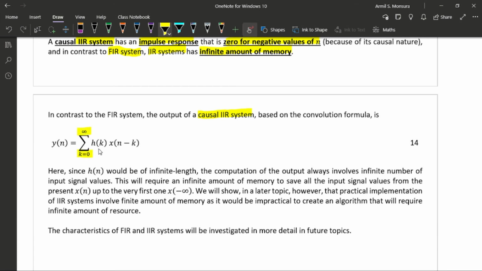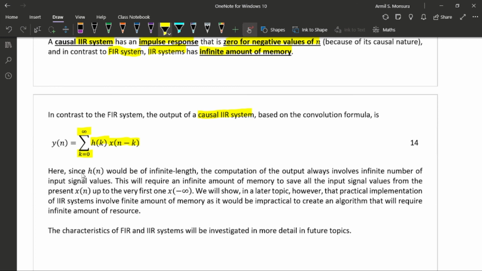Again, the causality of your system would force the lower limit to become 0. Since this is arbitrary, we don't know really the length of x of n, but we are sure that h of k is of infinite length. Therefore, the convolution sum would require that we sum up infinite terms of your product sequence.